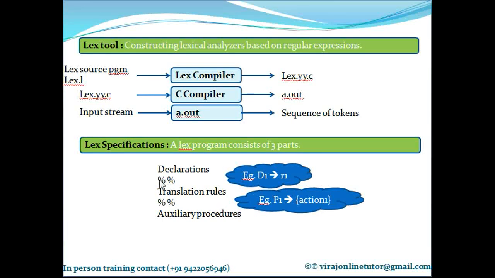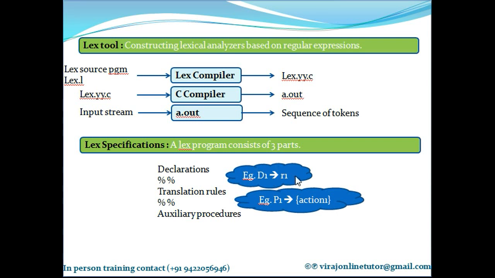Now we have to focus on how to write the lex program. A lex program consists of three parts: first is declarations, second is translation rules, and third is auxiliary procedures. Declarations are nothing but your regular expressions.